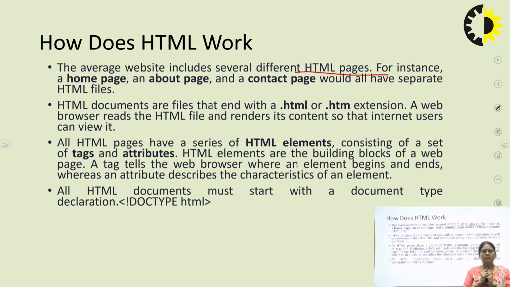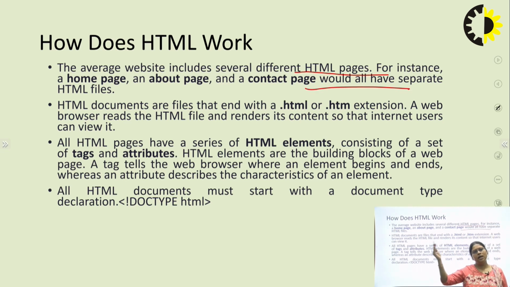As we have seen, if we want to search any website, we just click the home page, then click the next button, and we can see the number of web pages of that website. Similarly, here, a home page, about page and content page would each have a separate HTML file.